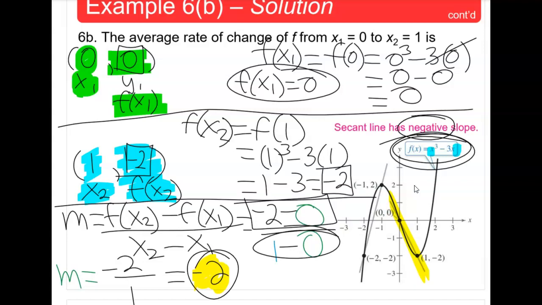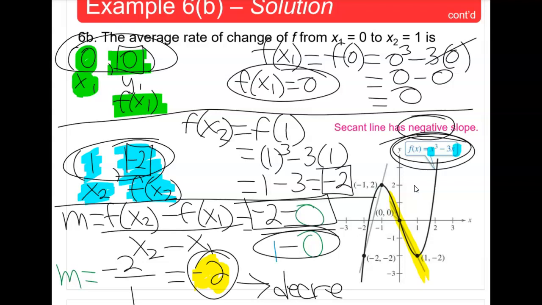So negative slope means the graph is decreasing between those 2 points that we chose. What 2 points? This one and this one. How did we get those points? From the x values here. How did we get the y values or the outputs? By substituting the x values into the equation. The equation, we took it from here.